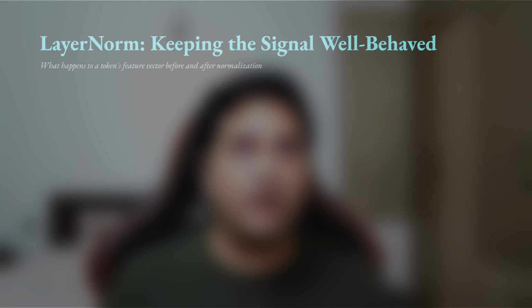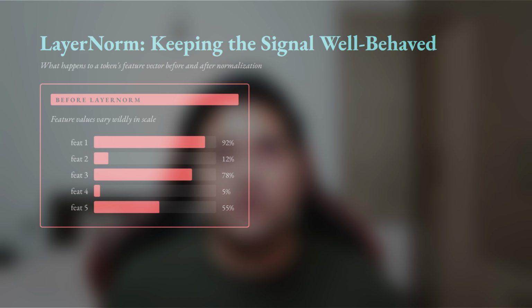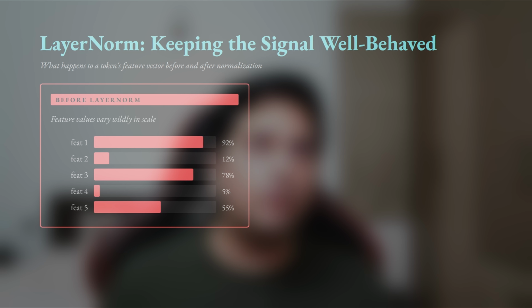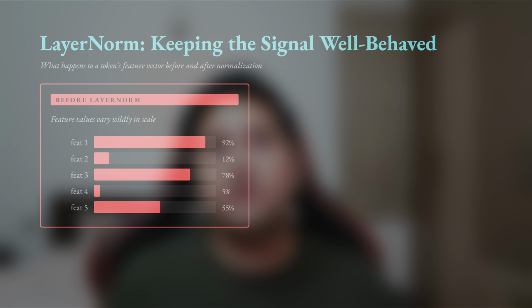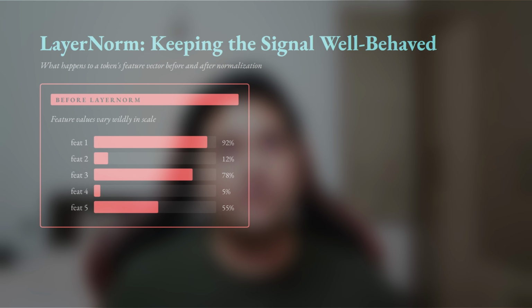Let us look at the specific problem layer norm is solving. On the left, you see 5 features from a single token vector, measured after the residual addition but before normalization. Feature 1 is around 92%, feature 2 is 12%, feature 3 is 78%, feature 4 is 5%, feature 5 is 55%.